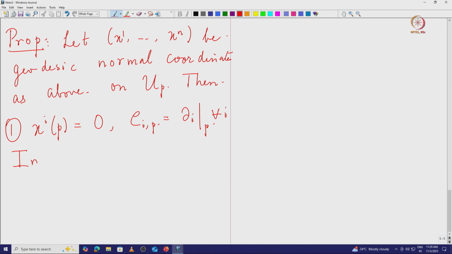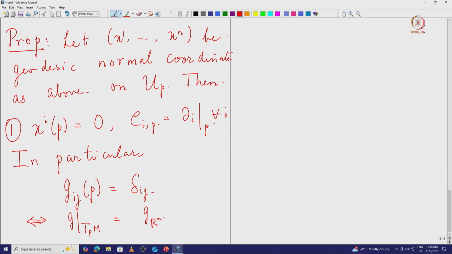So in particular, as a consequence of this, because my original ei formed an orthonormal basis, we get that at the point P, the metric components are just given by the Kronecker delta. Okay. So in other words, g restricted to this is just the Euclidean metric in these coordinates. But again, this is only at the point P, not anywhere else.